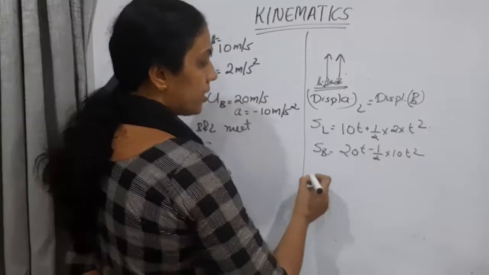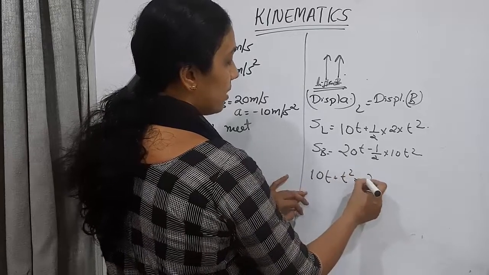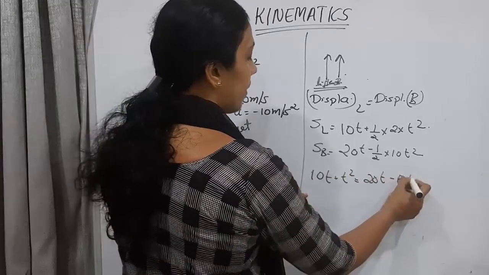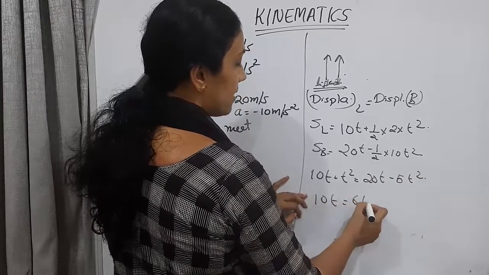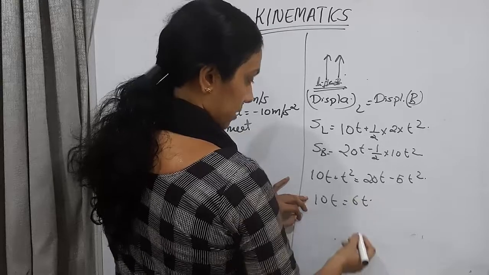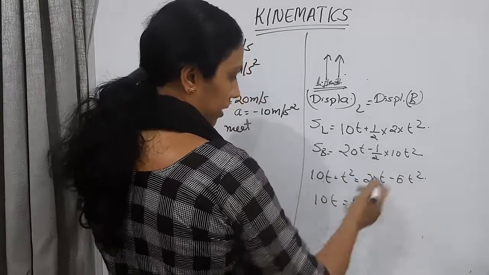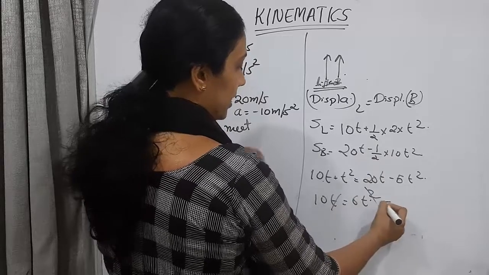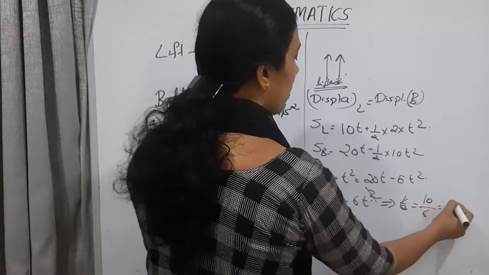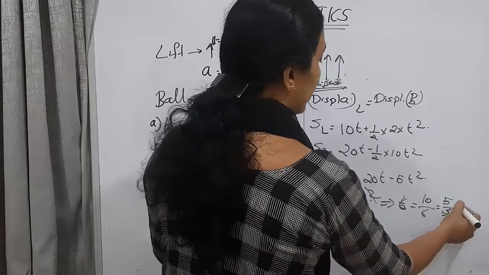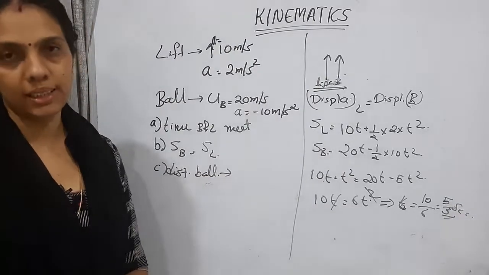We can equate these two. Therefore 10t plus t square equals 20t minus 5t square. Therefore 10t equals 6t square, so t equals 10 by 6, which is 5 by 3 seconds. At this time both will be meeting each other.